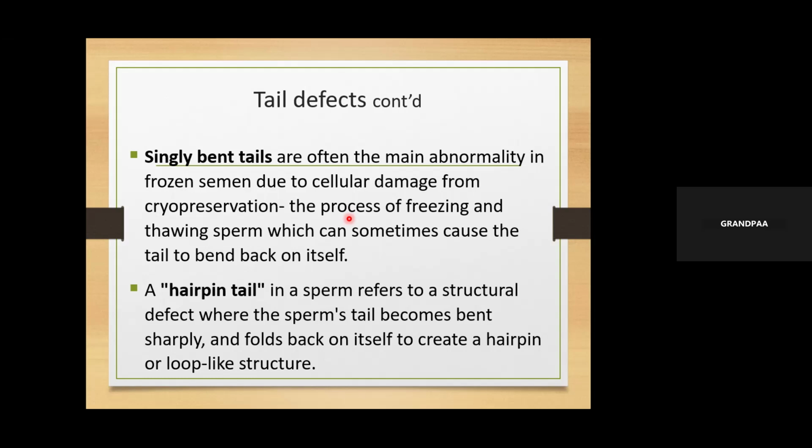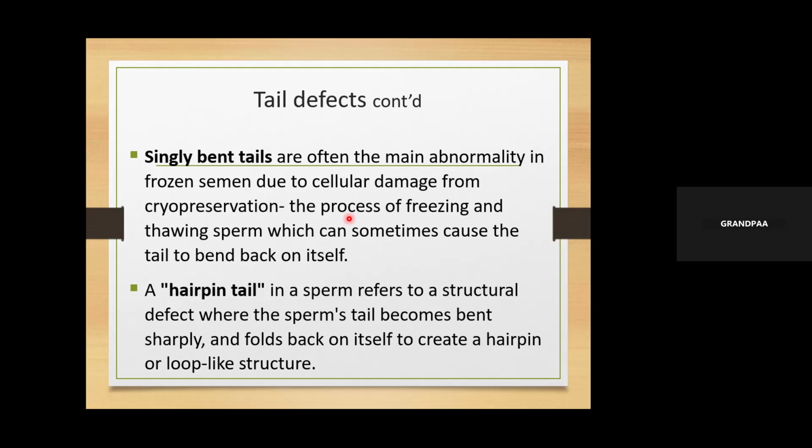So here we are talking about, look at the singly bent tails. It will just bend once. So you see that it has bent, and it gives you a curve. Now here it gives you that curve, and then the tail end also begins to coil up. So it gives you a loop-like structure. So that's the hairpin.